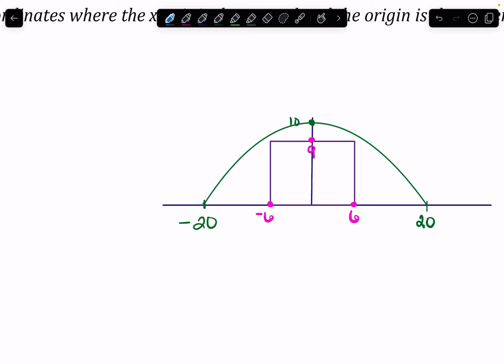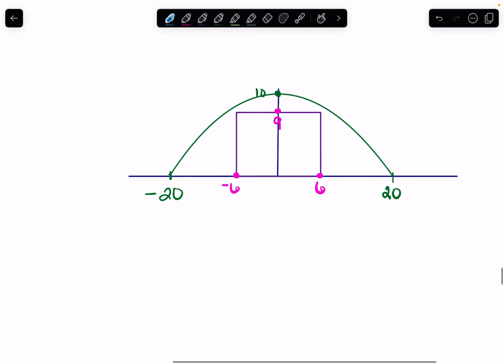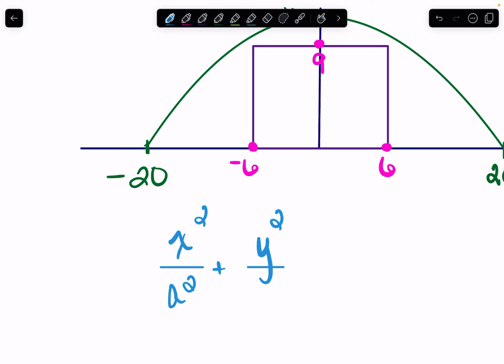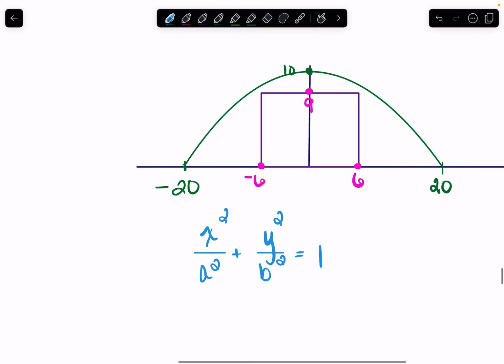All right, so first thing we need to do is figure out the equation of this ellipse. So looking at our axis, we know that the x-axis is longer because those two vertices are 20 from 0,0. The y-axis, the top of that ellipse, is only 10 feet from 0,0. So our equation is going to be x squared over a squared plus y squared over b squared equals 1. a squared is the horizontal distance from the center.